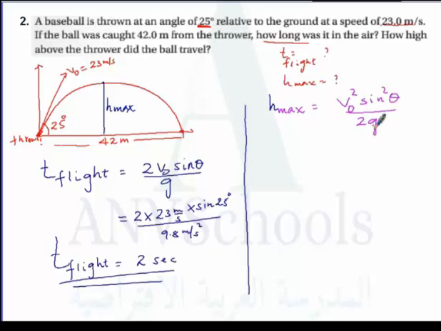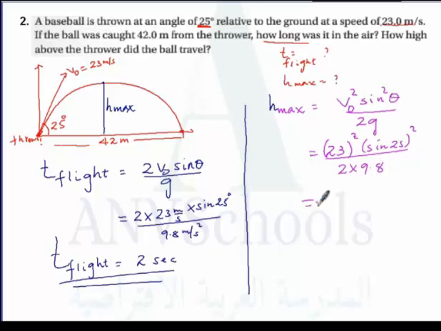So substituting the initial speed, 23 squared, multiplied by sine 25 squared, divided by 2 multiplied by 9.8.